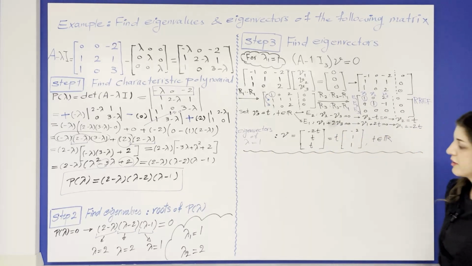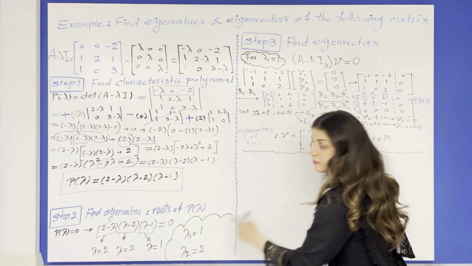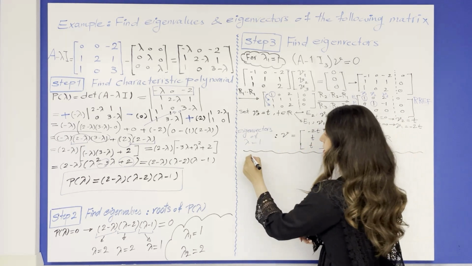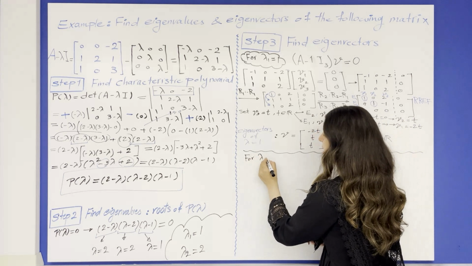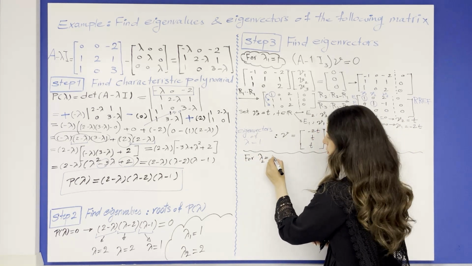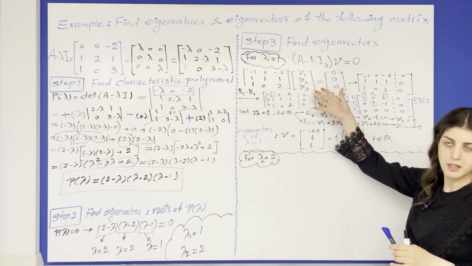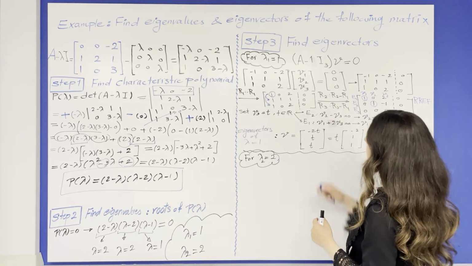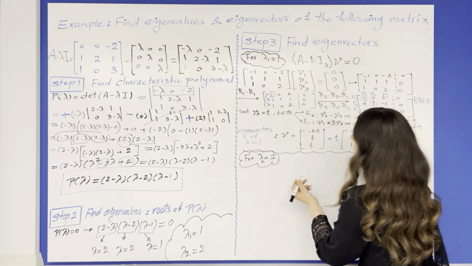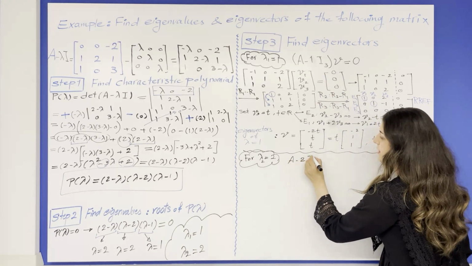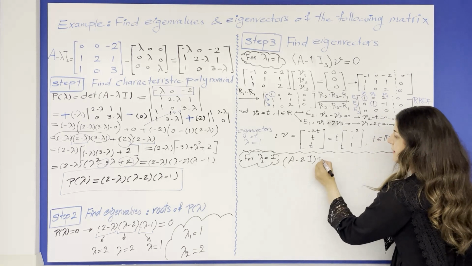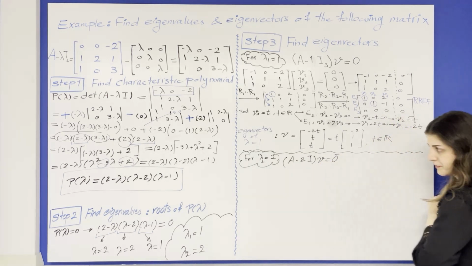Now we found eigenvectors for the first eigenvalue. We move to the second eigenvalue. So for lambda being 2, I repeat step 3. Again, I form A minus lambda times identity. So I get A minus 2 times identity times vector v equal to vector 0.